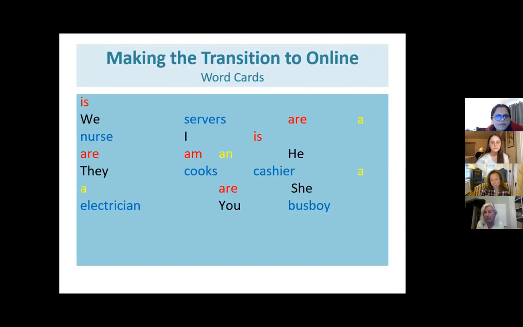So I added a couple of hints by capitalizing some words. That's going to be the first word in the sentence. And then the words are color coded. So this exercise is self-correcting because each sentence has one word of each color. But this doesn't offer that kinetic element that I was talking about, moving the pieces of paper around.